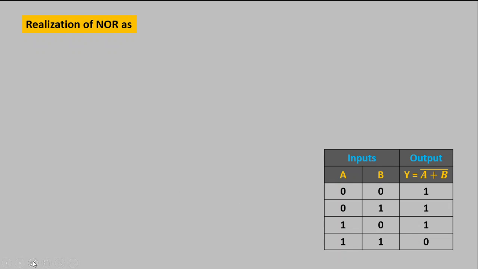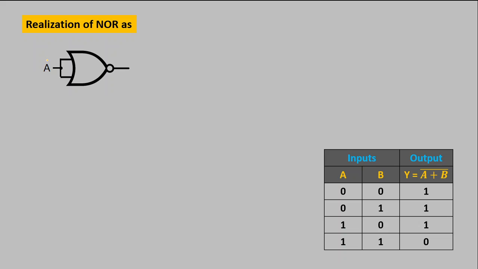In this case we will see how this NOR gate can be used. Single or multiple NOR gates can be used to create different logics. You can see here in the diagram a single NOR gate is present, and this single NOR gate is responsible for creating an inverted output.